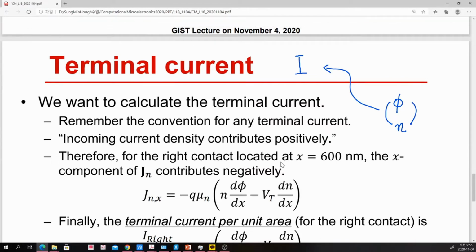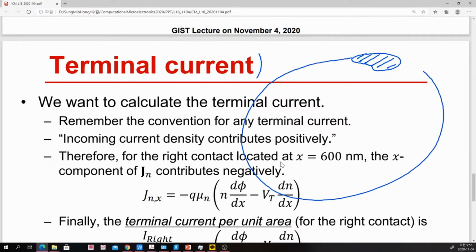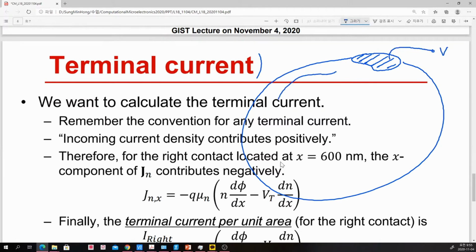You can easily understand this one. A certain terminal usually has the form of a certain surface. For example, let's think about your device and you have applied a certain bias voltage. Then electrons will move according to this streamline. After that, they will be collected at this surface area.